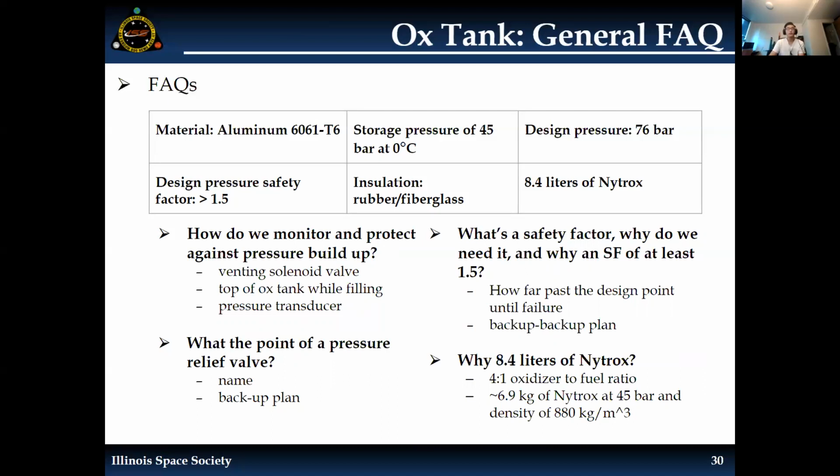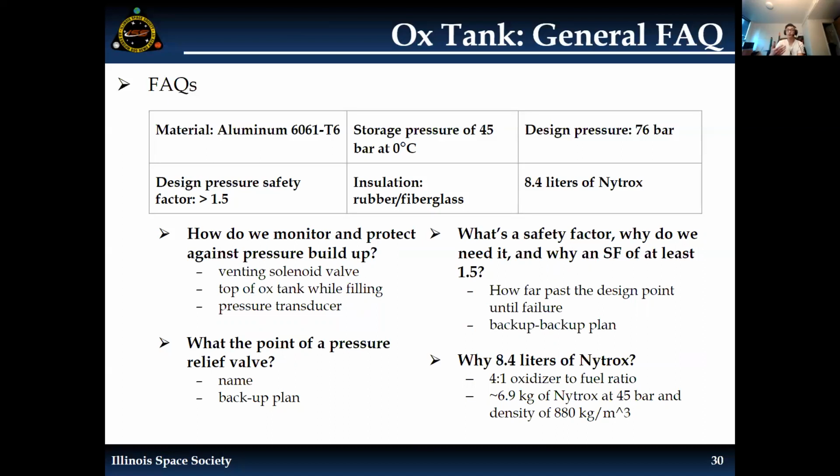So what is the point of the pressure relief valve if we already have a venting solenoid valve? So the venting solenoid valve is actually going to be controlled by avionics, right? That's the electronics. That's basically the engine electronics, and it may fail. We can't ensure that it works 100% of the time.